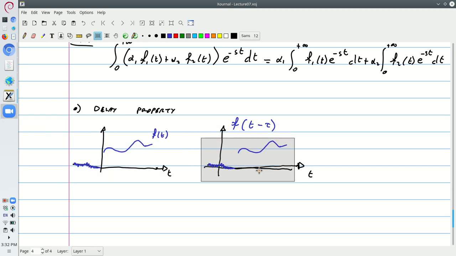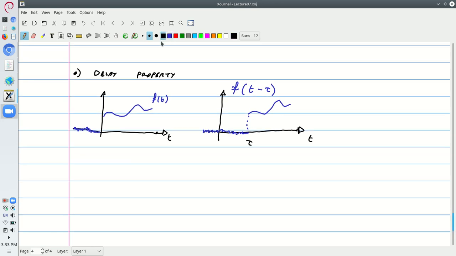It's going to be 0 until time t equal to tau, and then it will start having its behavior, whatever this behavior is going to be. So this is nothing but a delay by a time tau. So what happens if I already know my Laplace transform for the non-delayed version? Is there a relationship for the delayed one?